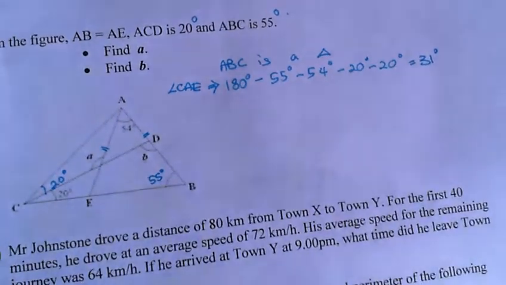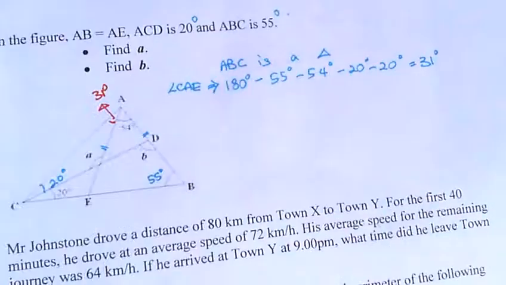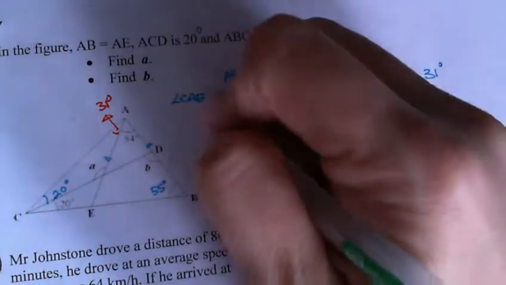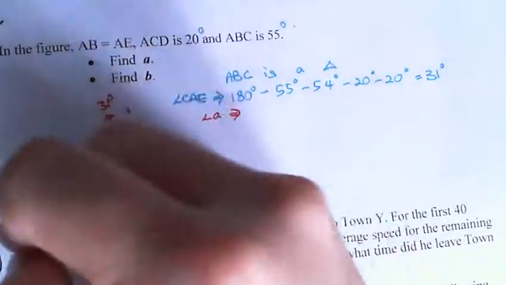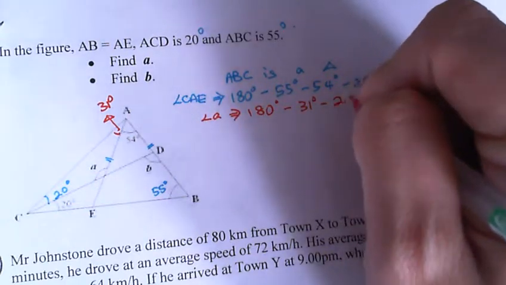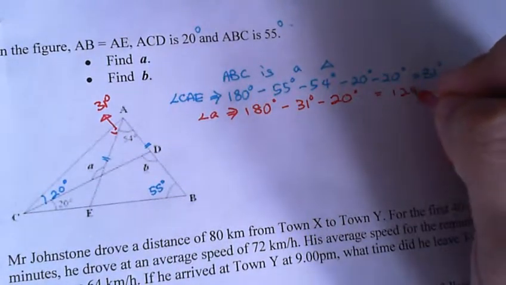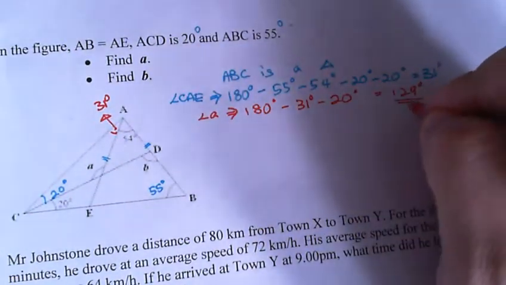So this angle is 31 degrees. Now if this is 31 degrees, I can find angle A, because angle A is again in a triangle. 180 degrees minus 31 degrees minus 20 degrees equals 129 degrees. So angle A is 129 degrees.